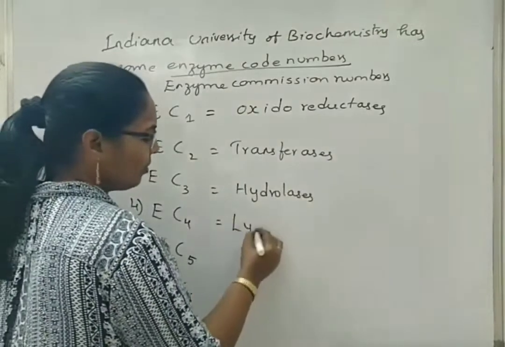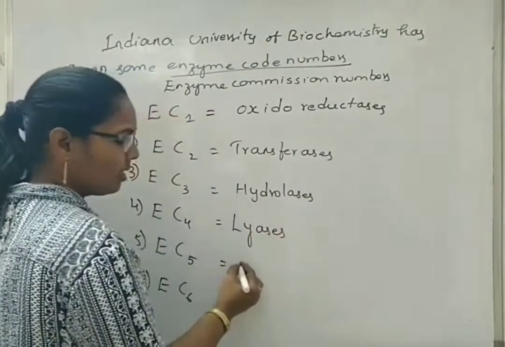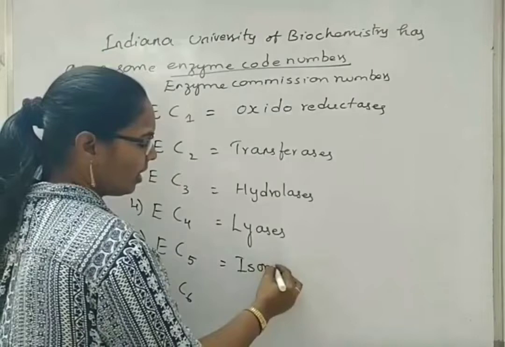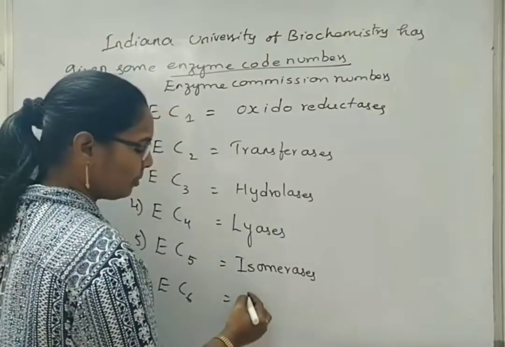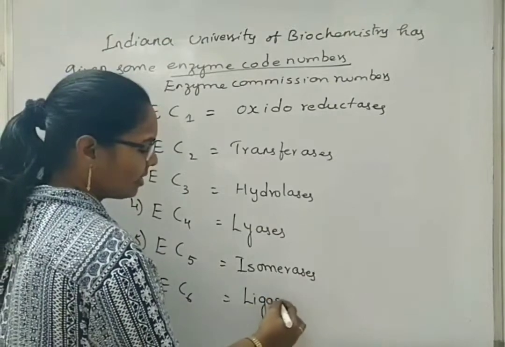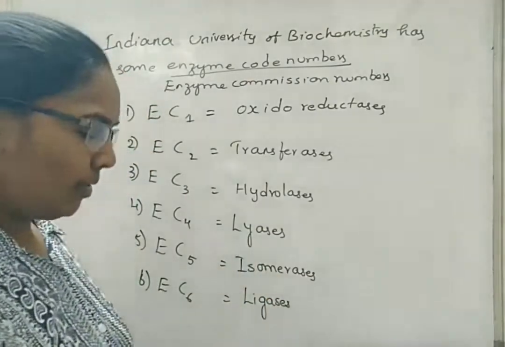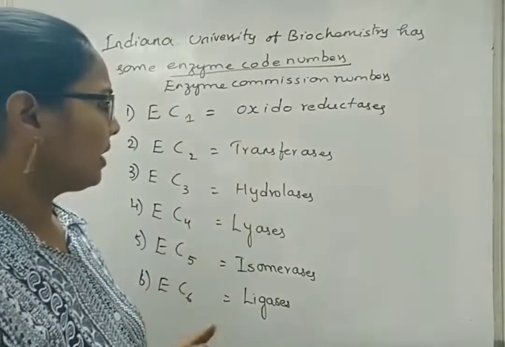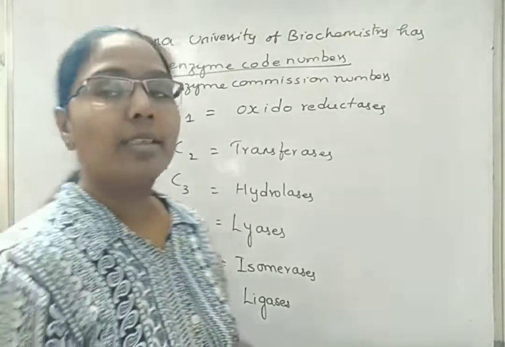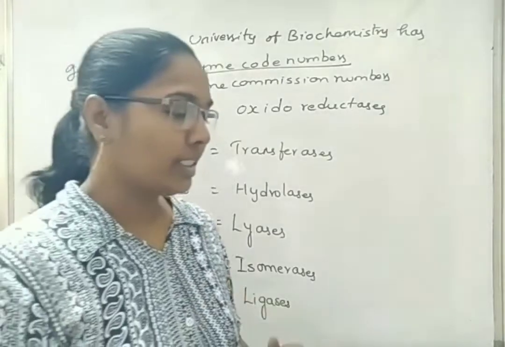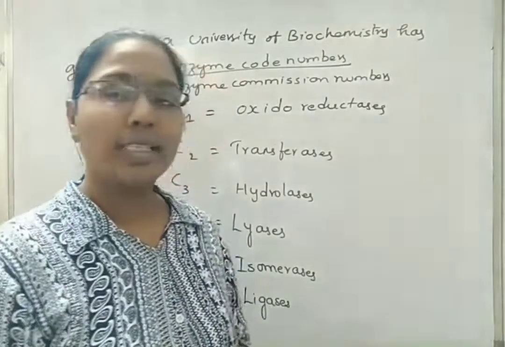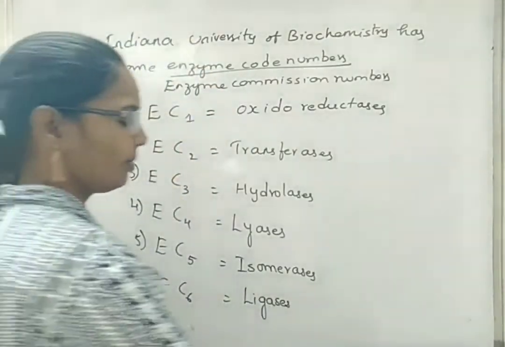Under the fourth, lyases. Under the fifth, isomerases. The last, sixth type of code number involves ligases. Now we will see one by one. These are the 6 types of enzymes given under the classification of enzymes.